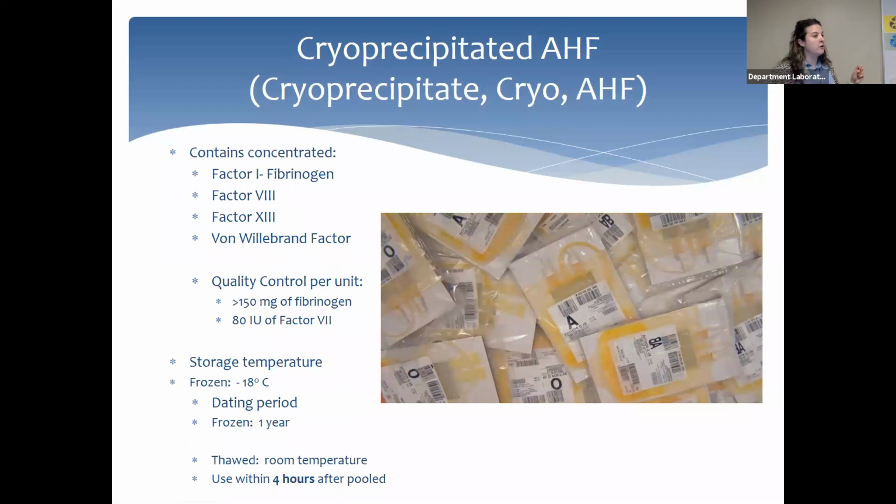All right, so what cryo contains? You guys need to know this. Cryo contains factor 1, factor 8, the clotting portion, and von Willebrand's factor, and factor 13. So 1, 8, and 13, and von Willebrand's.